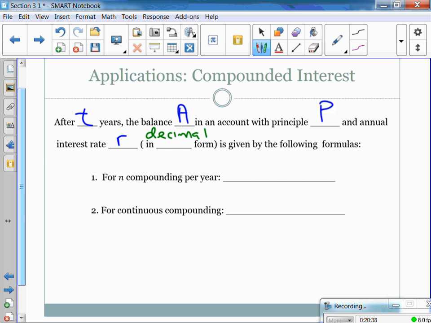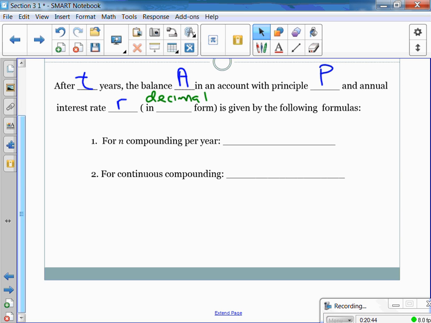For the first one, for n compounding per year. What does that mean for n compounding per year? It means how many times per year we're actually applying that interest to our principal.